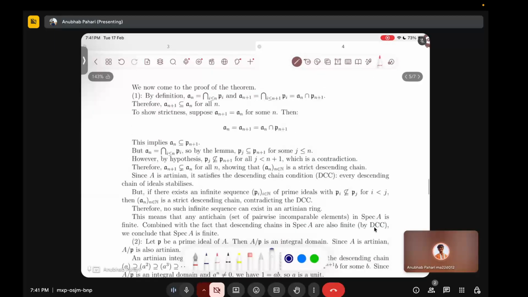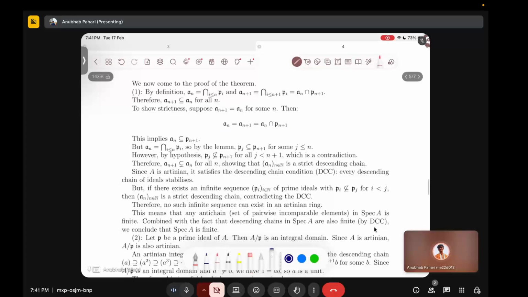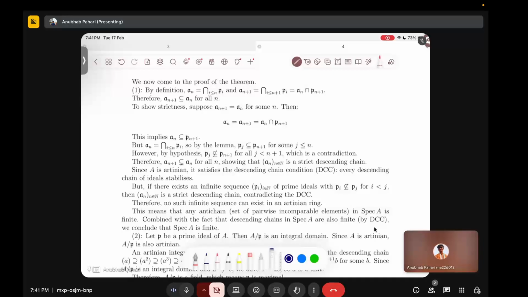Now to show strictness, suppose An+1 equals An for some n. You can clearly see it by yourself, but then An equals An intersection Pn+1. This implies An is contained in Pn+1, but An equals the intersection of all Pi, i less than or equal to n.